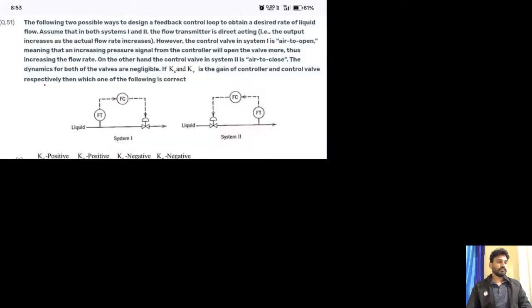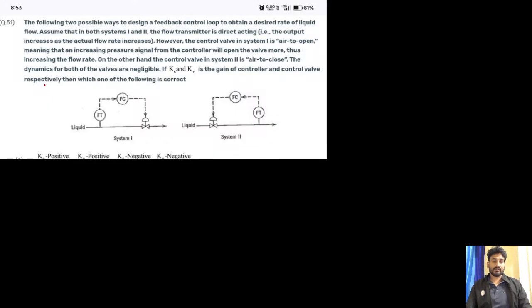Okay, now see the next question. Please read the problem carefully. एक बार इस problem को अच्छे से पढ़ेंगे. What problem is it saying?